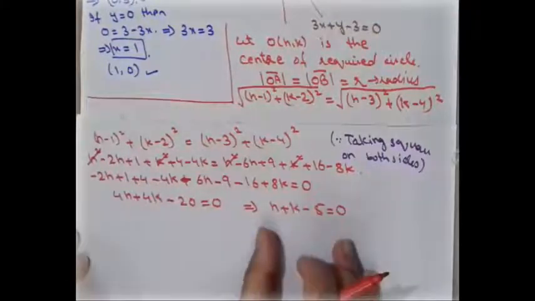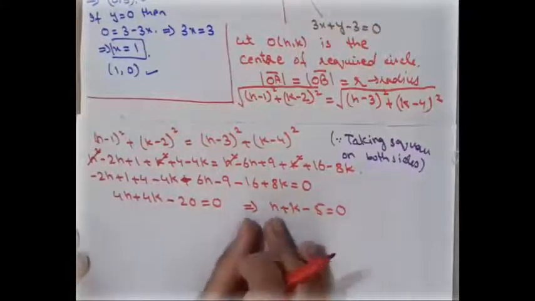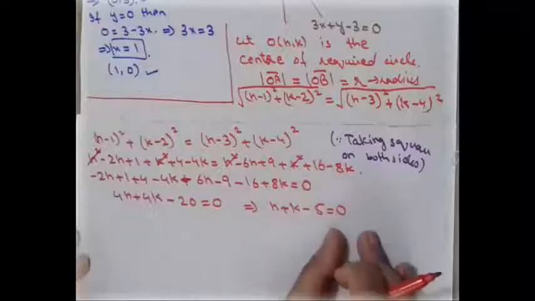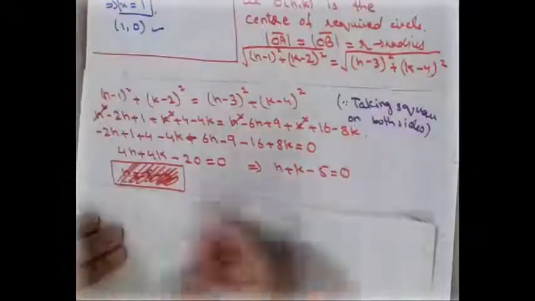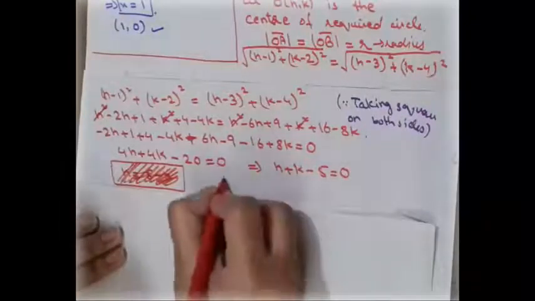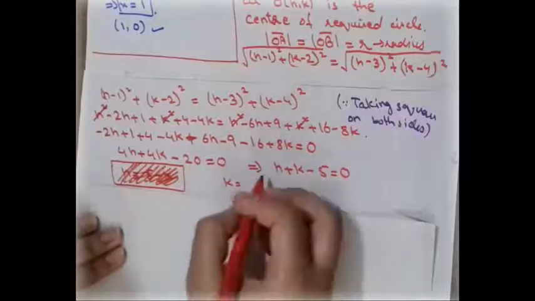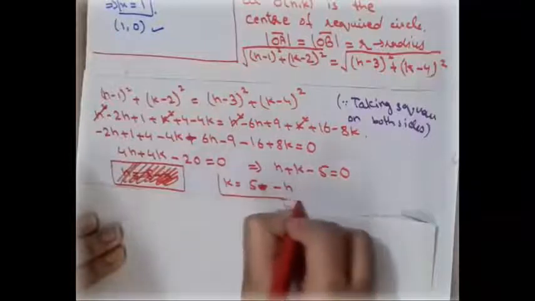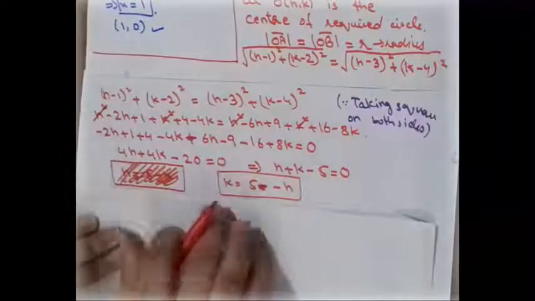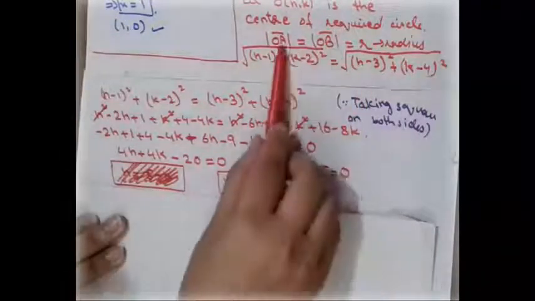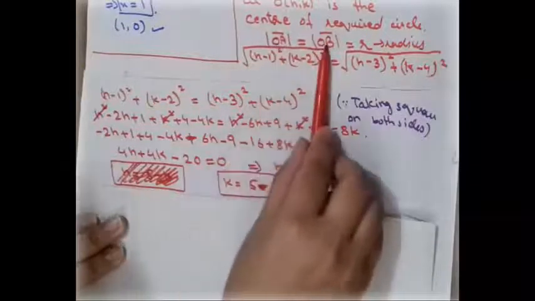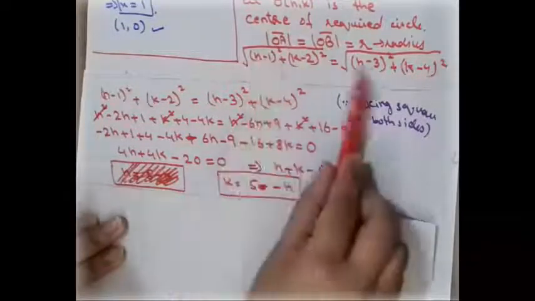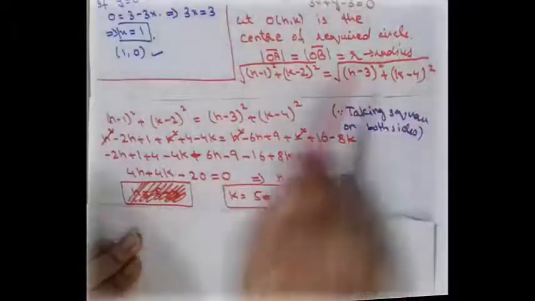Now it's in a simpler form, so to find the value of k, we take the other terms to the other side, so it will be 5 minus h. So here is the value of k. As we already said, the distances OA and OB are equal to the radius.